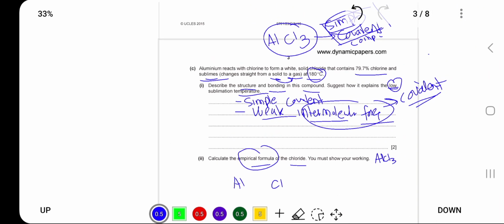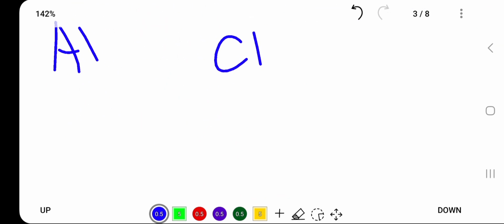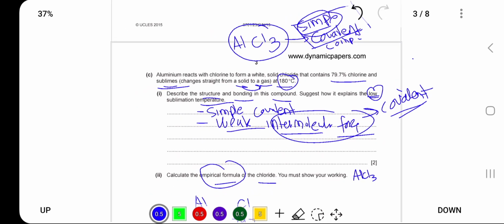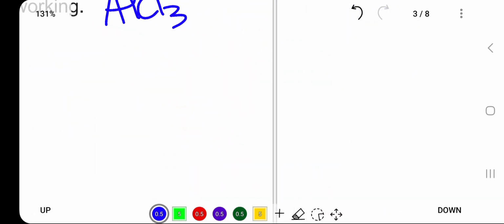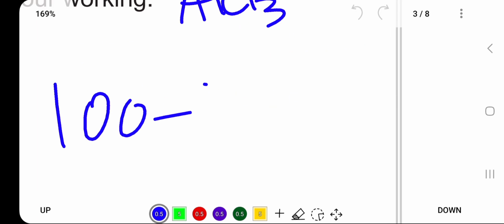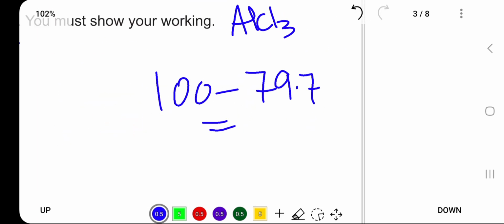Now we have the percentage for chlorine, which is 79.7. We don't have it for aluminium, but we know the full percentage is 100, so 100 minus 79.7 equals 20.3, which is for the aluminium.